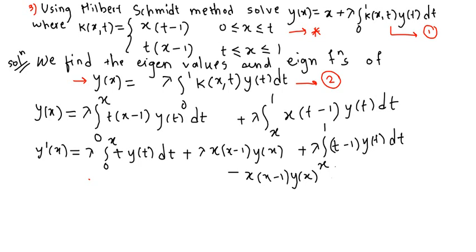y of x. So you can clearly see this will get cancelled, and we will be left with this.